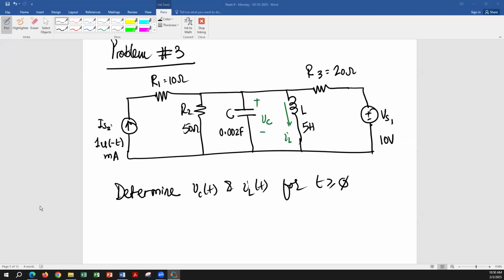Very good. So it will have both sources active before t is equal to 0. And before t is equal to 0, of course, we have to first find the initial conditions of VC and IL. So who is going to tell me how we are going to find VC and how we are going to find IL initial conditions in this circuit?